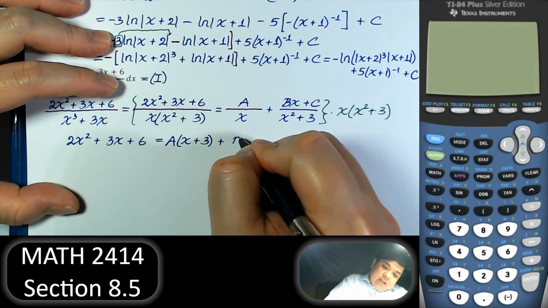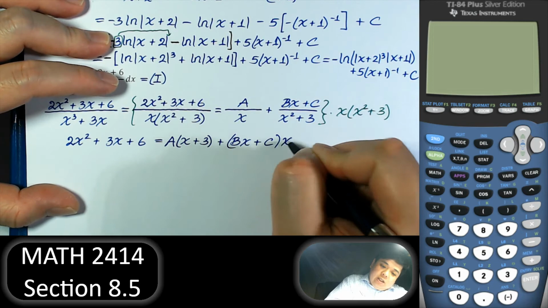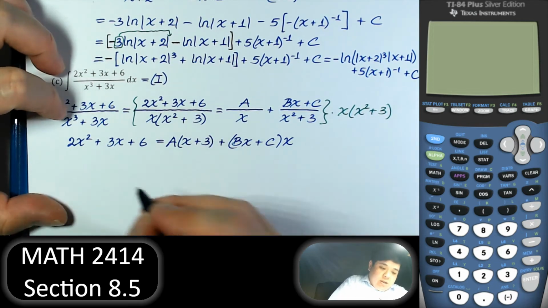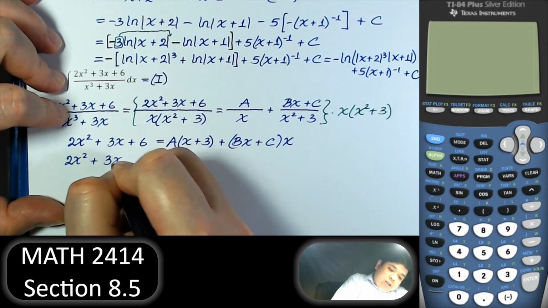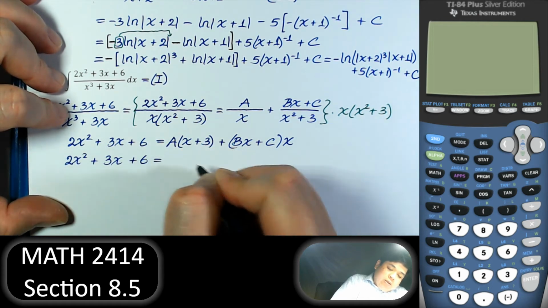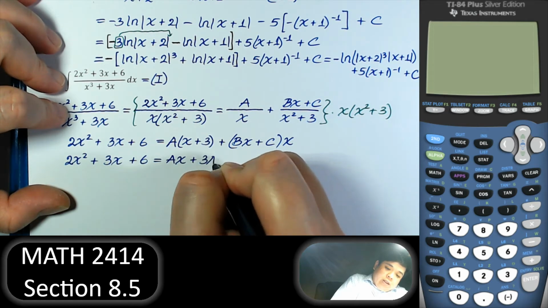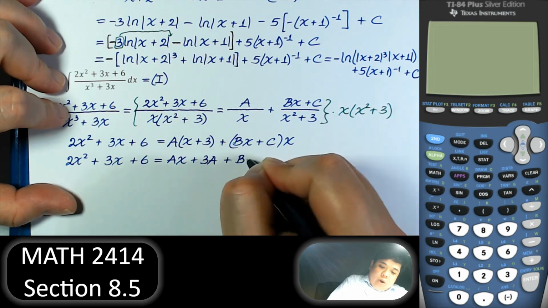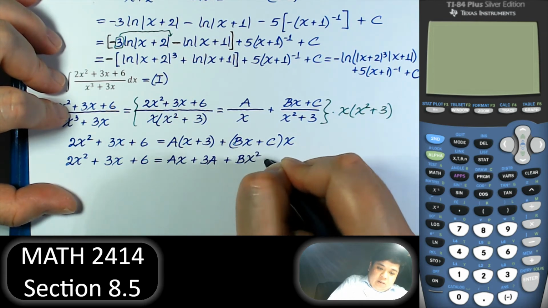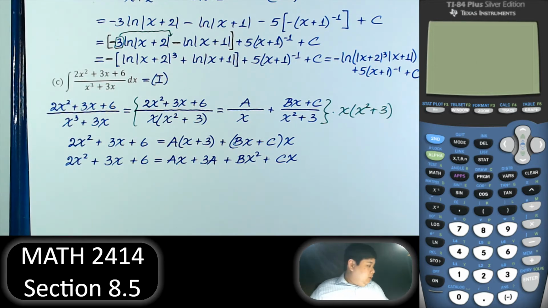We have bx plus c times x. Multiply it out: x squared plus 3x plus 6 equals ax squared plus 3a, plus bx squared plus cx. Right, that's simple enough.